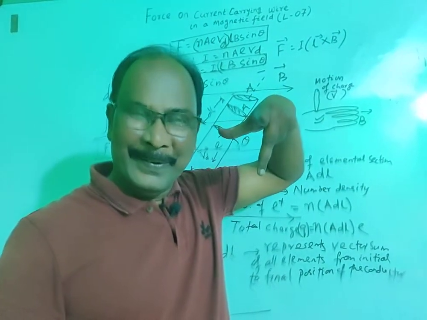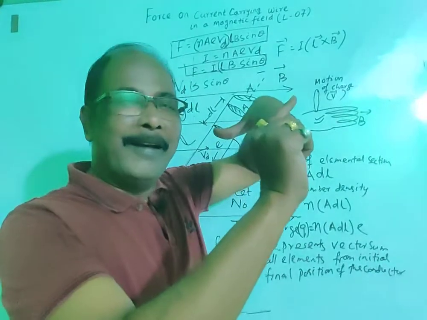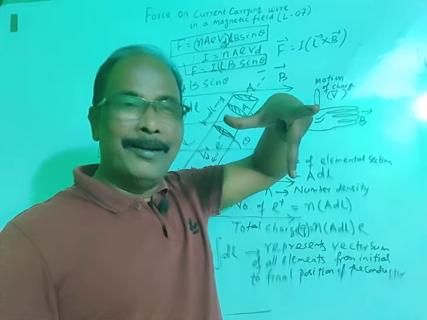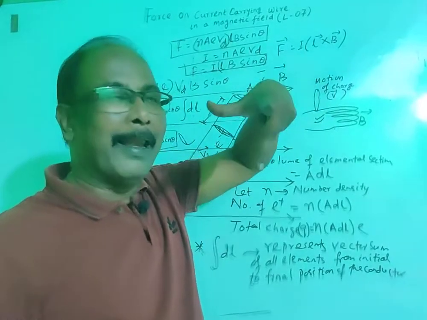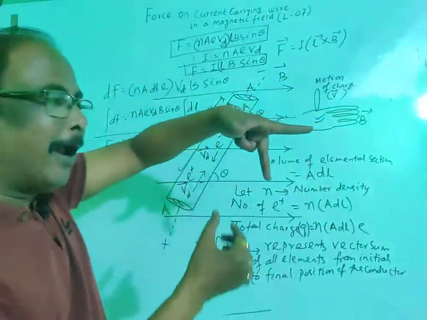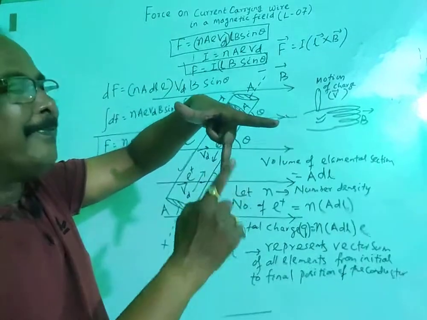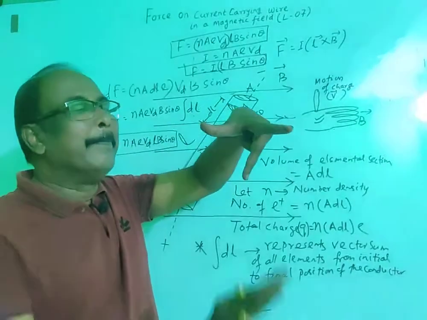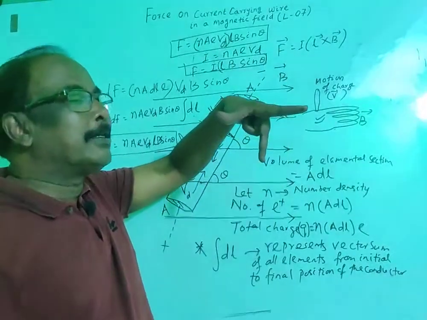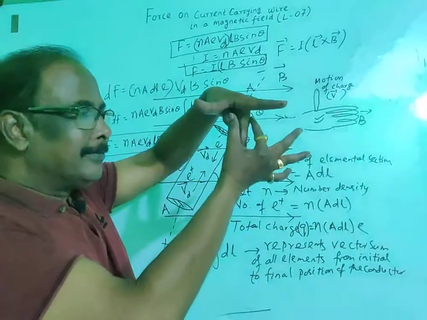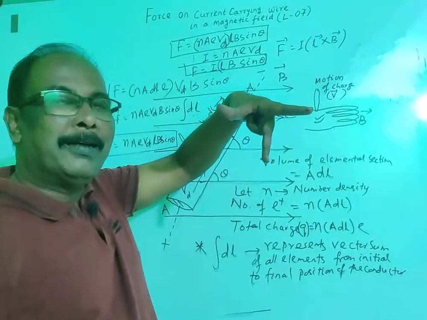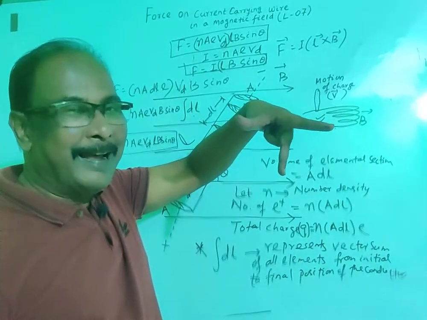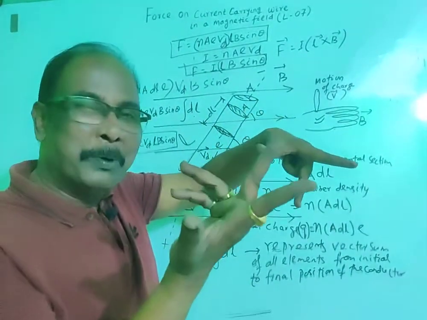Or you may use Fleming's left hand rule. The four fingers, middle finger and thumb are stretched in mutually perpendicular directions. Here the four fingers represent the direction of magnetic field, the middle finger represents the direction of current, meaning flow of charge, velocity of charge, and the thumb represents force.